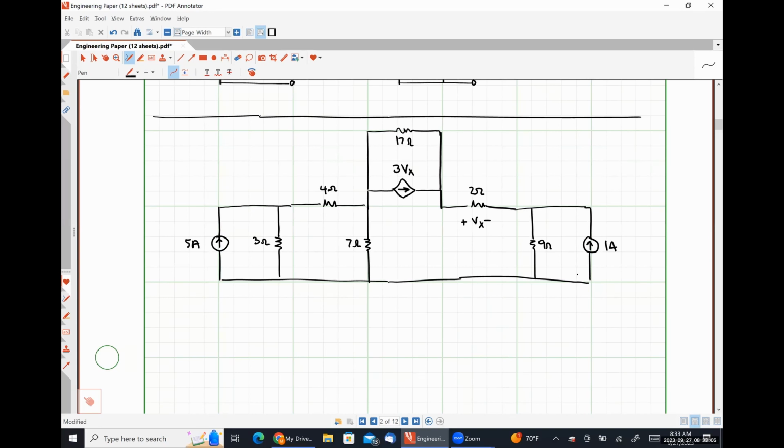So 5 nodes and 5 meshes, okay? So if we had a computer handy, we could solve this circuit using nodal analysis or mesh analysis all day, every day, without too much difficulty. What if we don't have a computer handy? You cry, okay? That's fair.